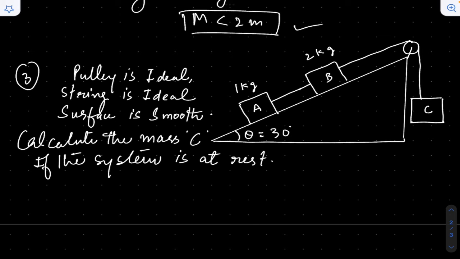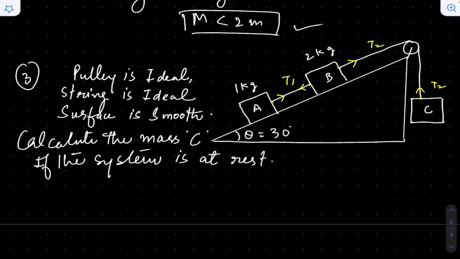So there are actually two strings here, T1, and the second string having tension T2. As we know the concept of tension, the tension is always away from the joints in this direction. Here the tension is in this direction, that is T2.